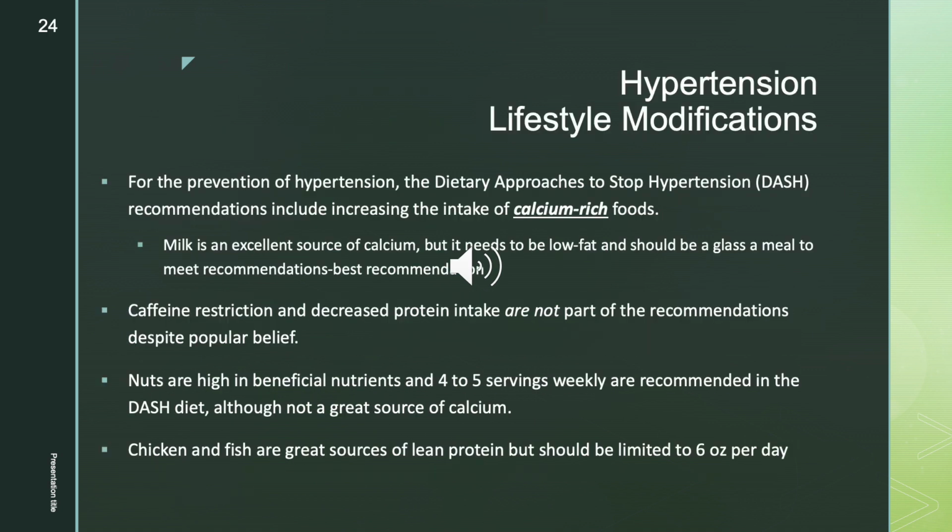All right, so we're talking about hypertension. We're talking about another diet. It's the DASH diet. It is basically increasing the intake of calcium-rich foods is the ideal and the goal. It stands for dietary approaches to stop hypertension. So milk is an excellent source of calcium, but we need to make sure that it's low-fat milk, and we need to make sure that it's a glass a meal to meet the recommendations.